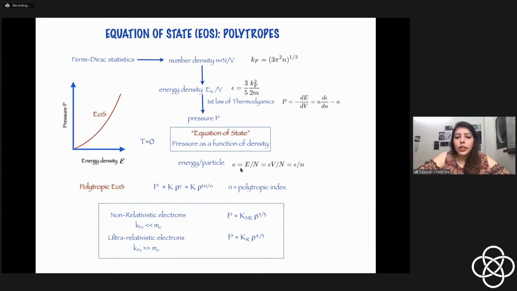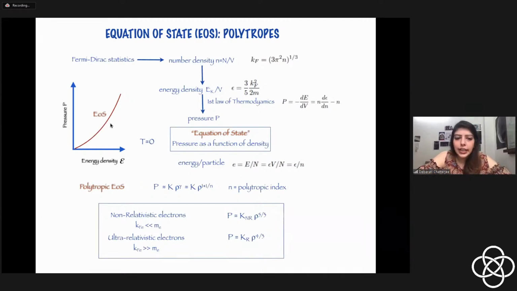And so in general, what we found was the polytropic equation of state. Polytropic means that pressure is written as a power of the density, and this power is called the polytropic index. In the case of non-relativistic fermions, whether electrons or neutrons, this is ρ to the power 5/3, and for ultra-relativistic electrons, this is ρ to the power 4/3.